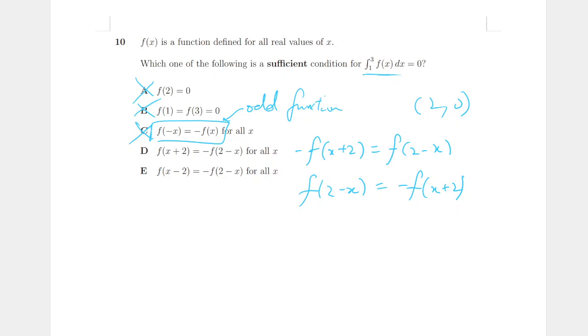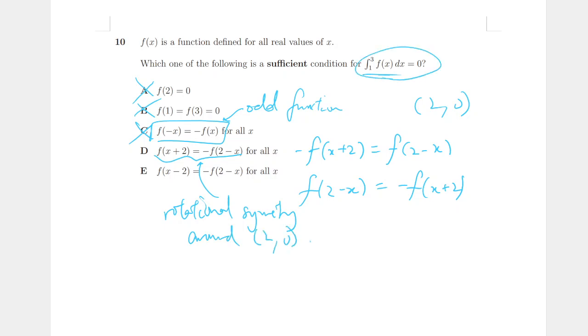Because if you didn't start there, there's no way that you move to the left by 2 and still have rotational symmetry. So the condition in D is rotational symmetry around (2, 0). And that's exactly what you need for the integral. So that's exactly D. The answer should be D.